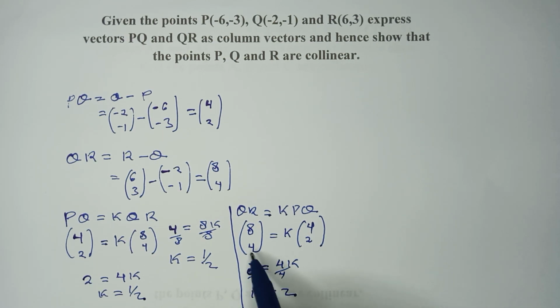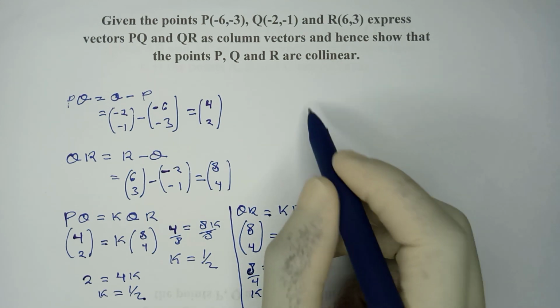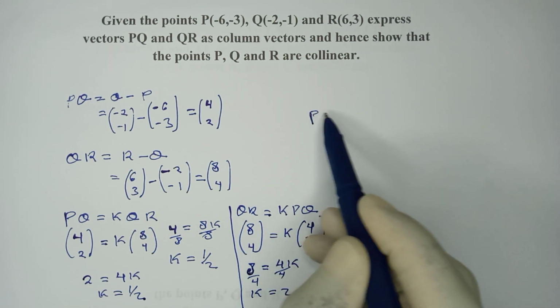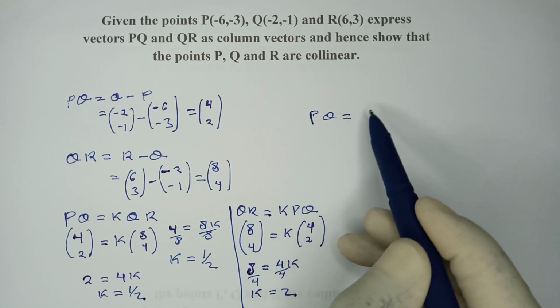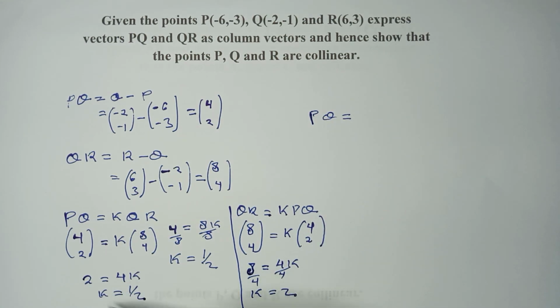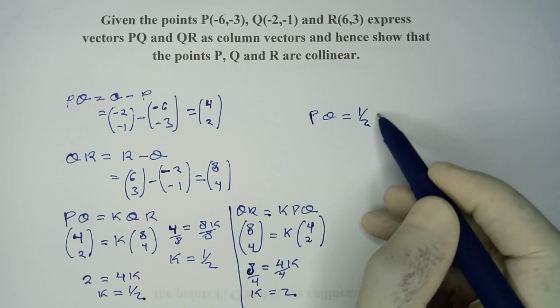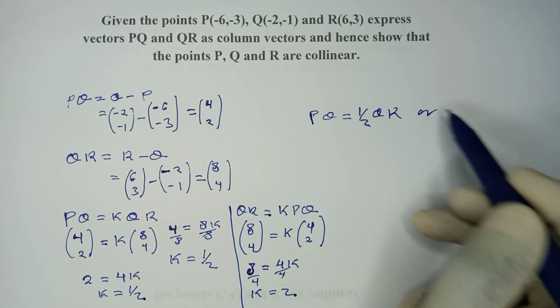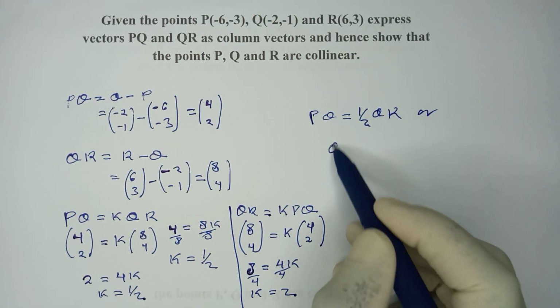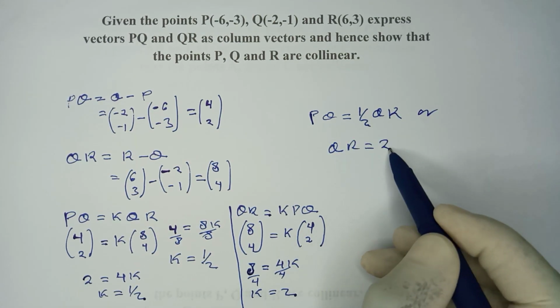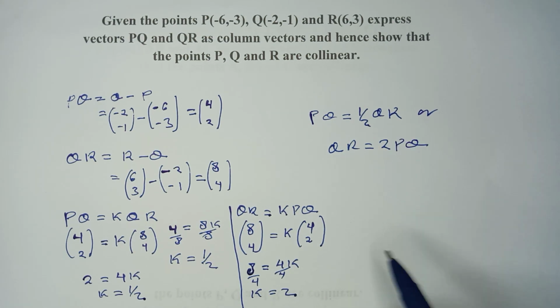The same happens if you take the lower values, you still get K equals 2. So PQ equals 1/2 QR, or QR equals 2 PQ.